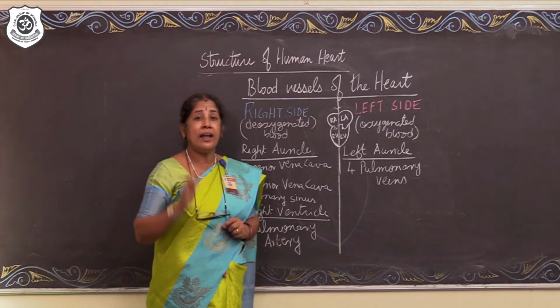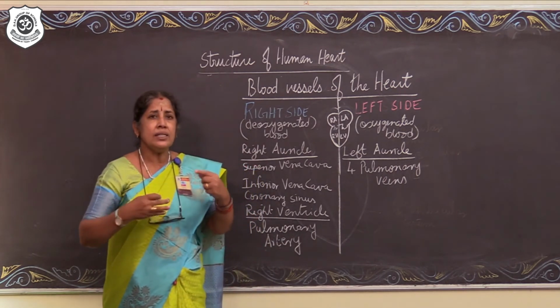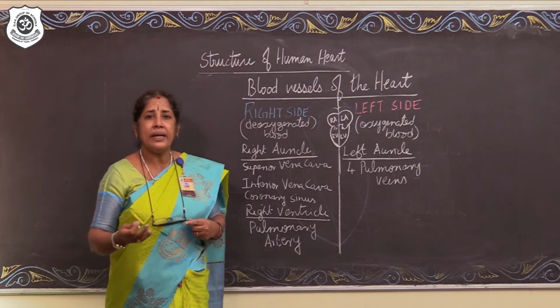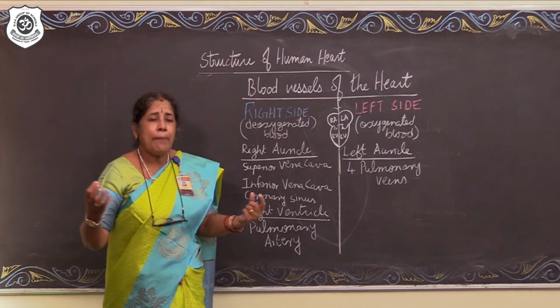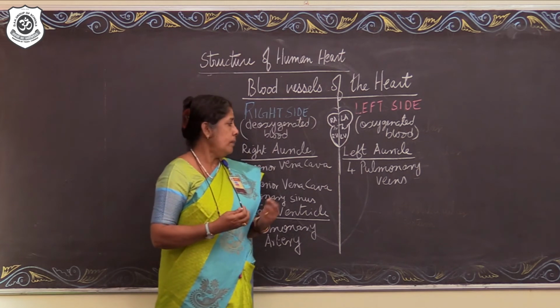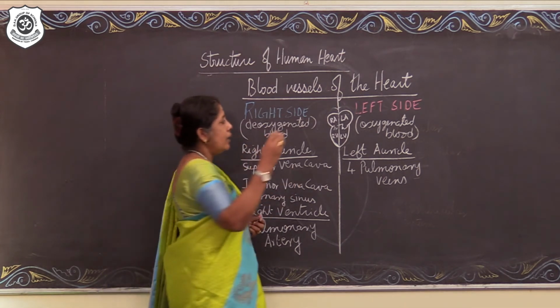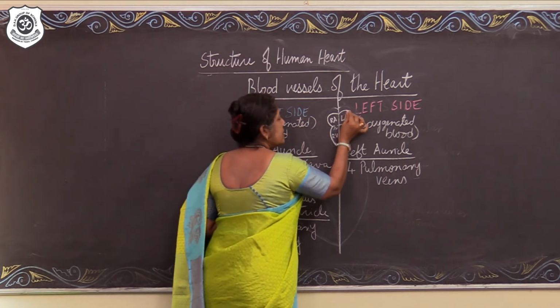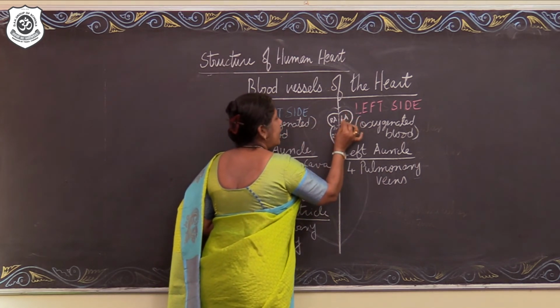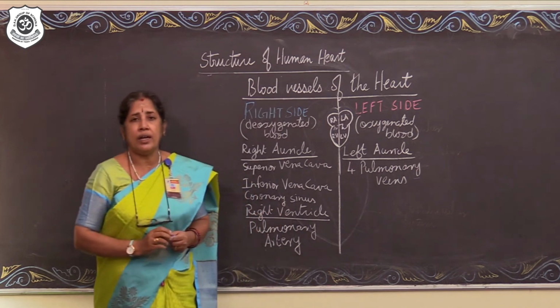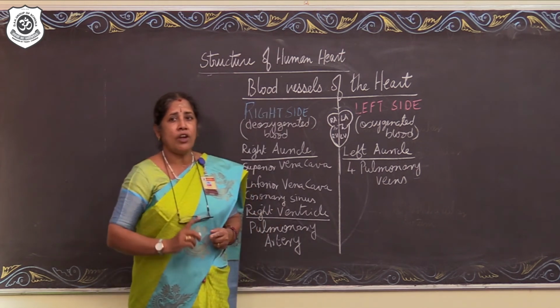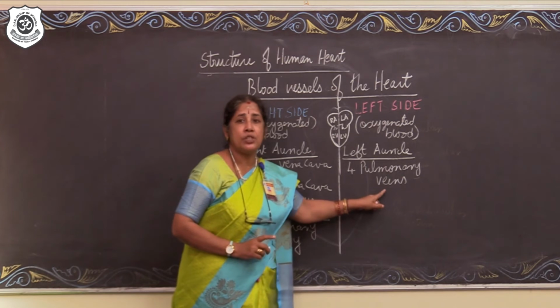So, once the process of oxygenation is completed in the lungs, all the capillaries join to form 4 pulmonary veins, 2 from each lung, and all the 4 pulmonary veins bring the oxygenated blood into the left auricle. Once again, let me draw your attention to the exception.